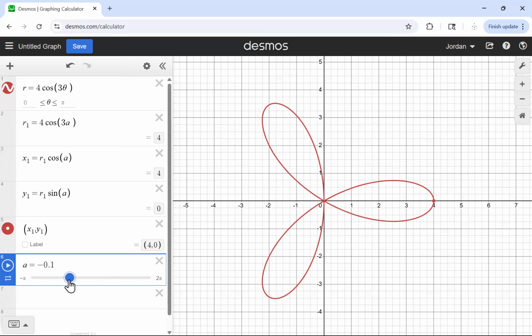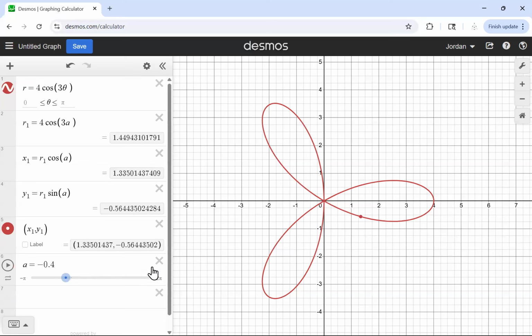I could have traced out that first loop, the one that's sitting here on the right, if I would have gone approximately from negative pi over 6 all the way around to a positive pi over 6.